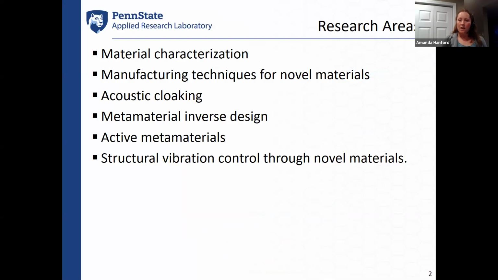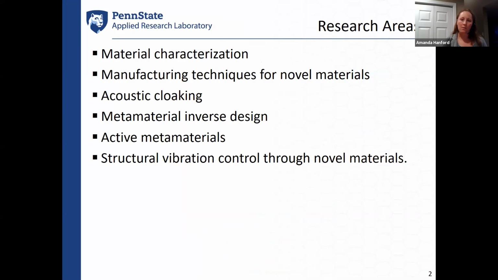So this is just a general overview of the research areas that our group is involved in. Certainly we're involved in any kind of acoustic material related project. So that can range from material characterization using acoustics, novel manufacturing techniques for acoustic materials.